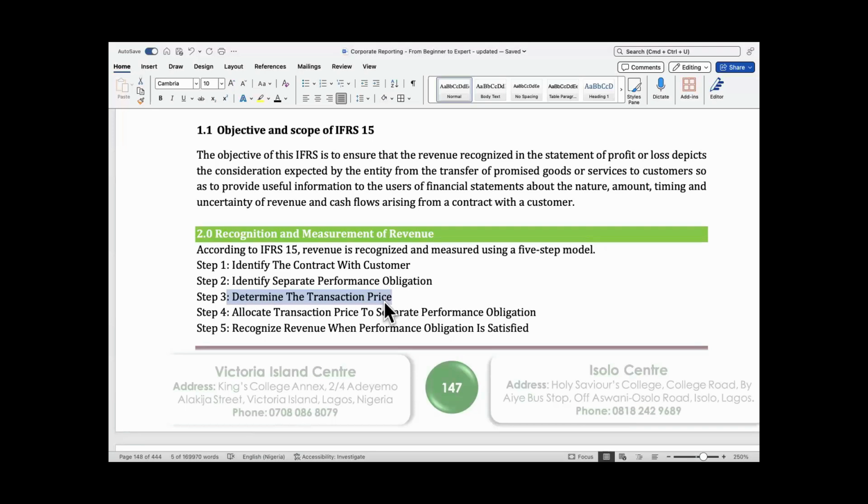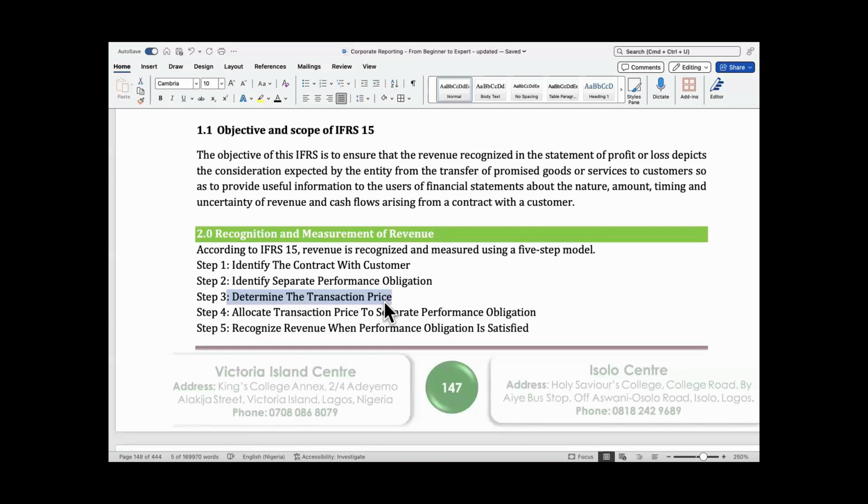If the money you are expecting will reduce as a result of non-performance, if the money you are expecting will reduce because you have promised to give a discount to your customer, you need to factor that in from day one, because it's going to impact your transaction price.